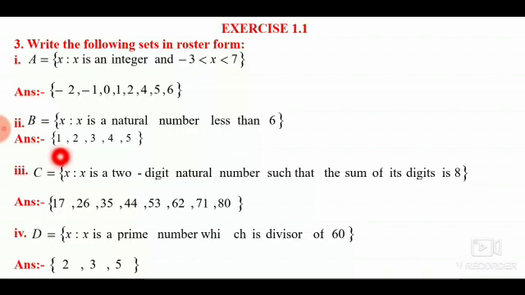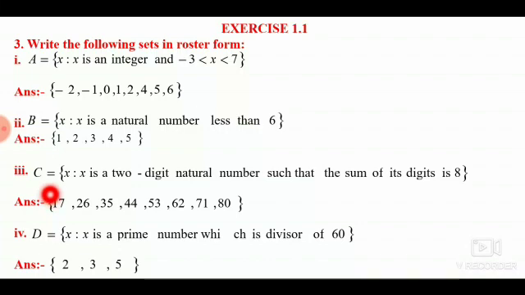The numbers which are natural and less than 6 are 1, 2, 3, 4, 5. The given form is called a set builder form, and this form we have written as a list separated by commas. Such form is called a roster form.